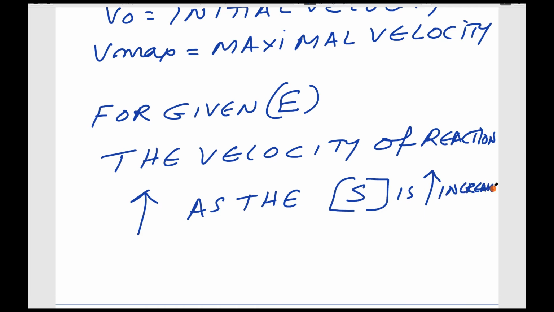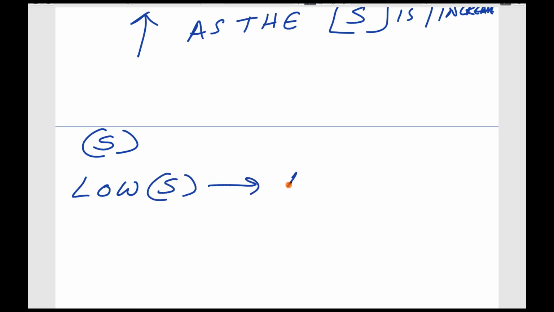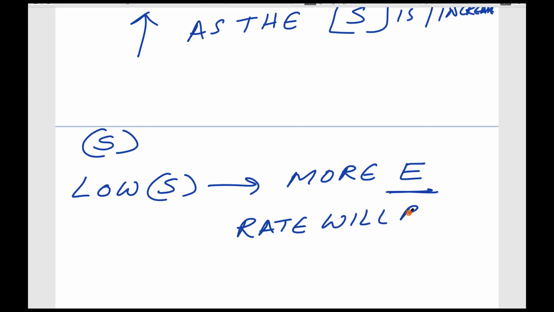Let us try to understand. At low substrate concentration, what is the scenario? More enzyme molecules are free. In that condition, the rate will be proportional to the substrate concentration.